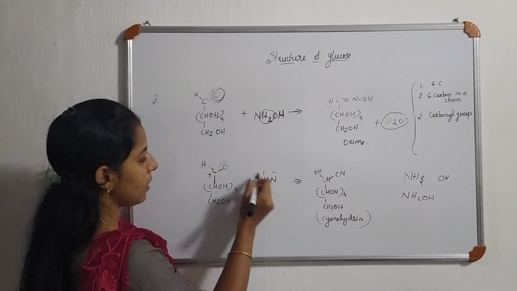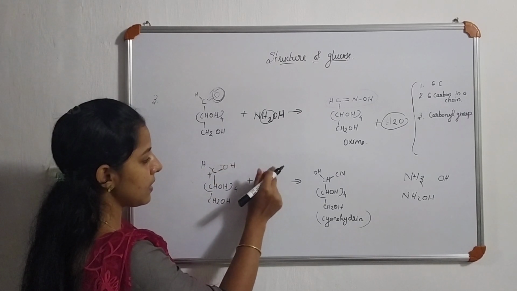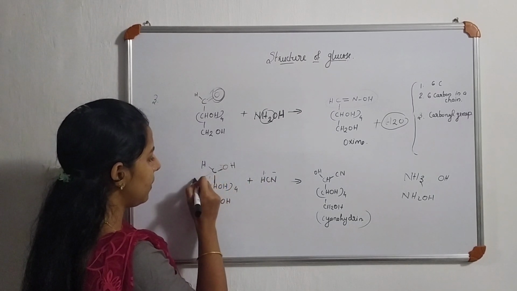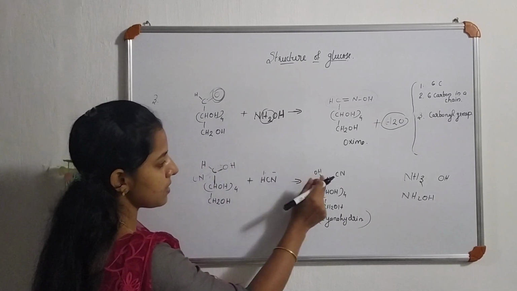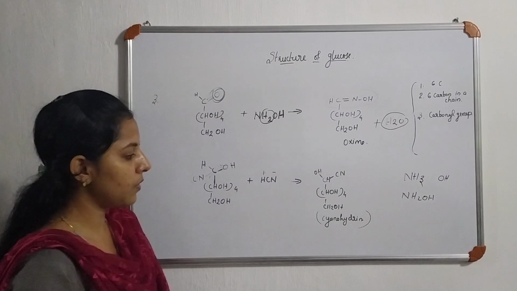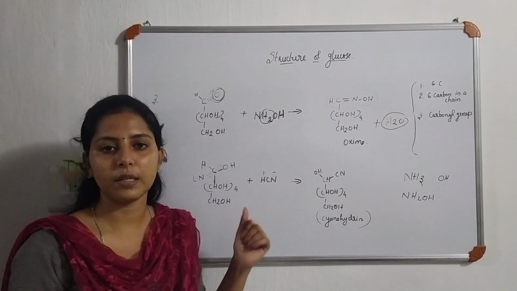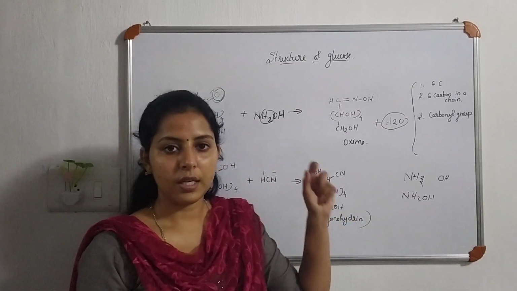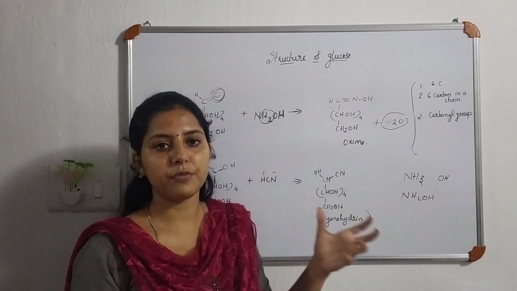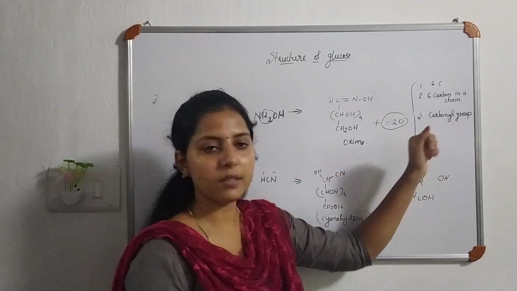So the hydrogen comes to this oxygen and forms OH, and the negative cyanide group comes to this carbon. So this is the product, cyanohydrin, CH(CN)OH. The formation of cyanohydrin indicates the presence of a carbonyl group in glucose. So these are the two reactions which give firm evidence for the presence of a carbonyl group in glucose.